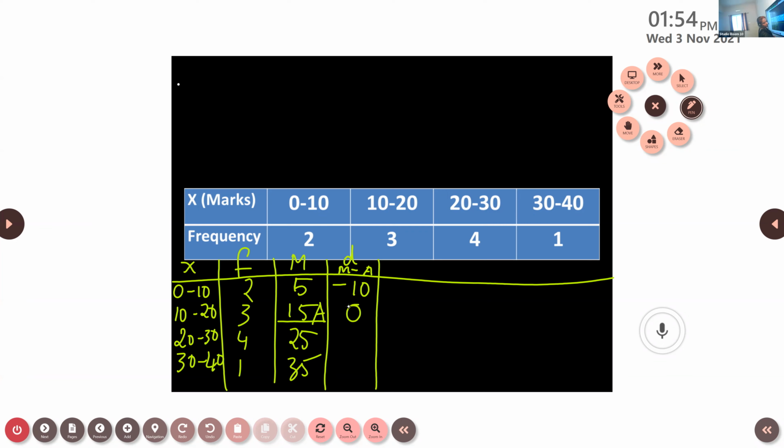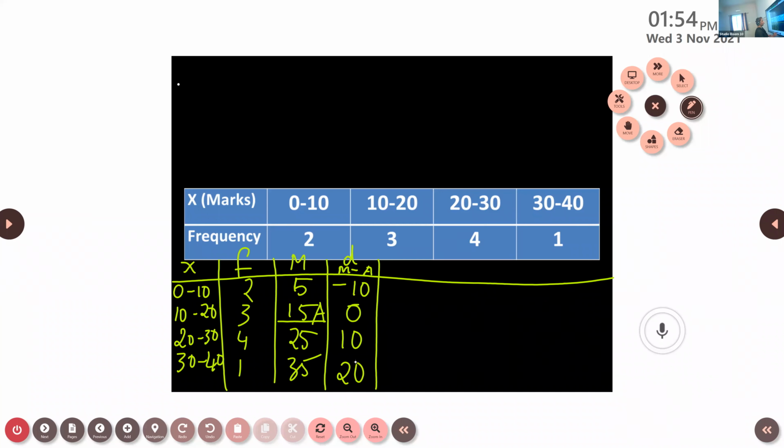Okay, third one, Amal, M minus A. Roseanne, 10. Aparna, 20.